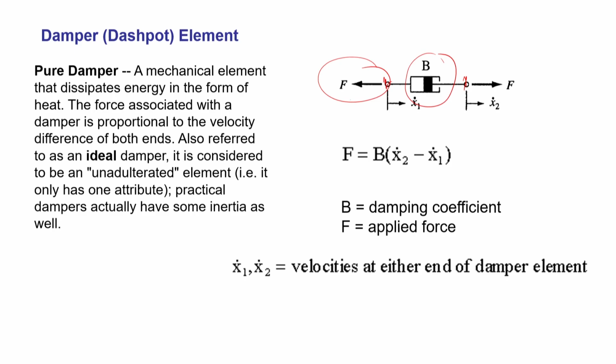Now, this type of damper is a specific type called a viscous damper. These viscous dampers are dampers where the damping force is proportional to the relative velocity, and of course, it is linear.